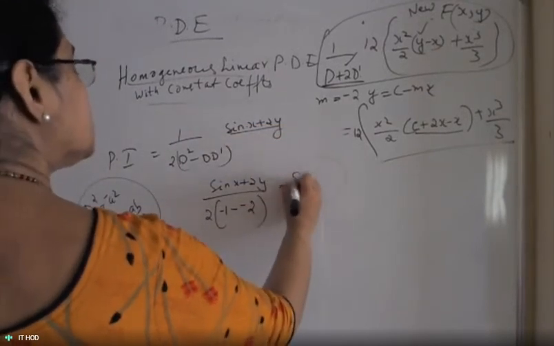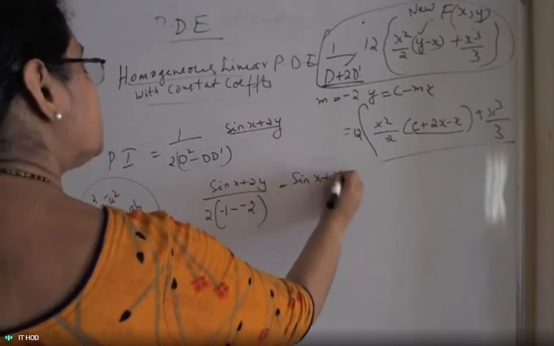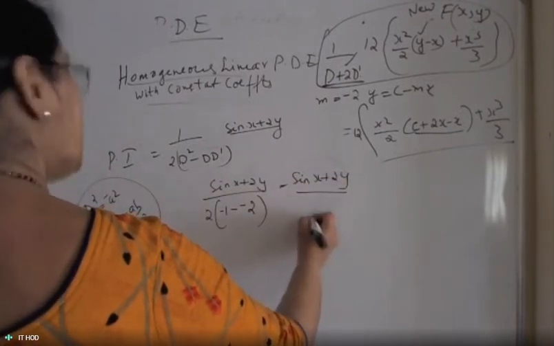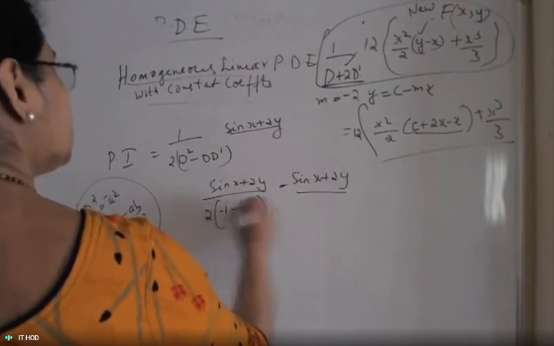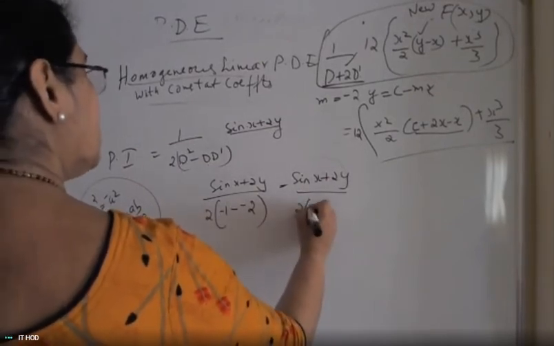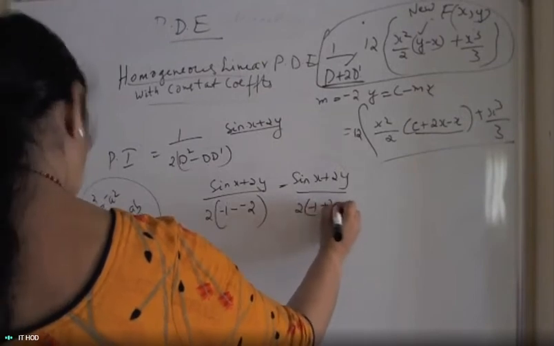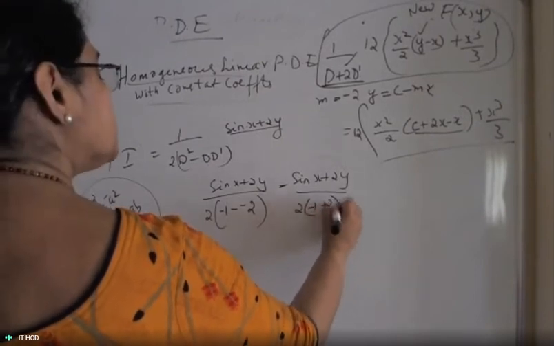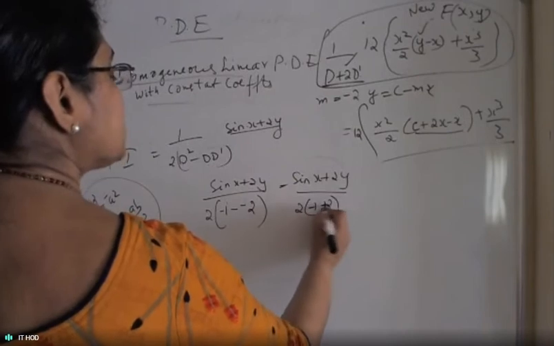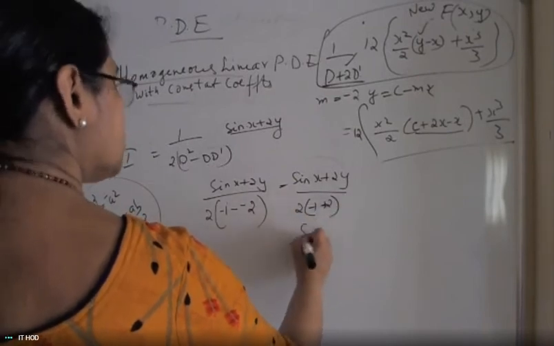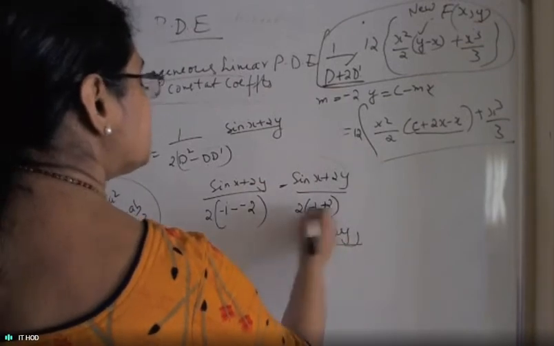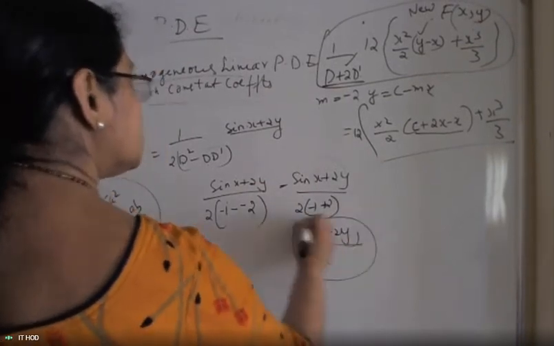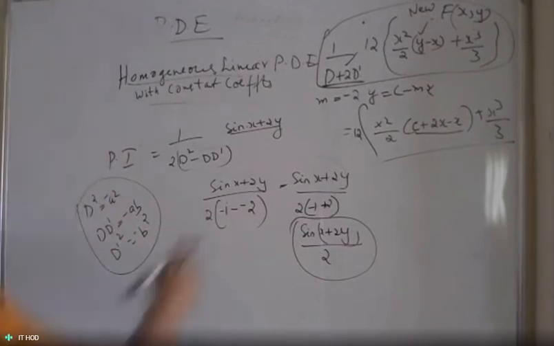So we get sin x plus 2y divided by 2 into minus 1 plus 2, that is 1, so sin x plus 2y divided by 2 into 1, that is 2. This is the answer. If it is like this, use this formula.